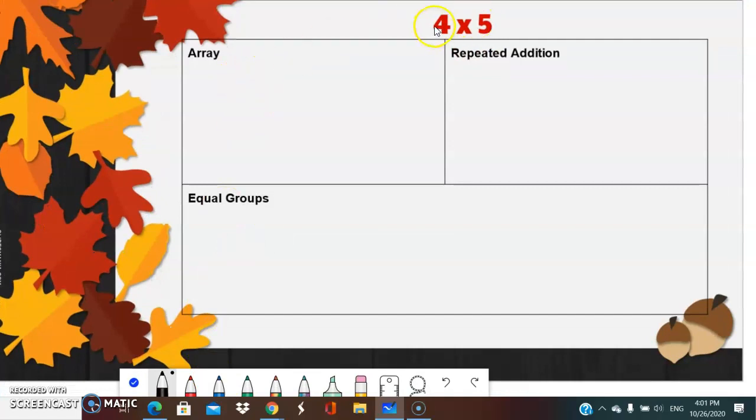Okay, so for my array, I need to make sure that I have 4 groups. And in each group, I should have 5.